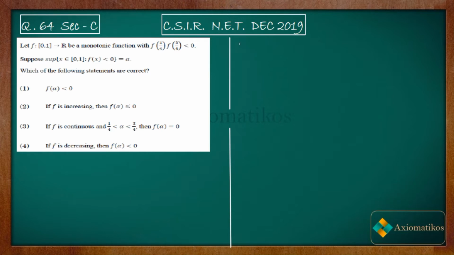Option 1 is saying that f of alpha is less than 0. Let us try to find a counterexample for which f of alpha is not less than 0. I am trying to make the graph of f such that f of alpha is greater than 0. Here is the x-axis, here is the y-axis.